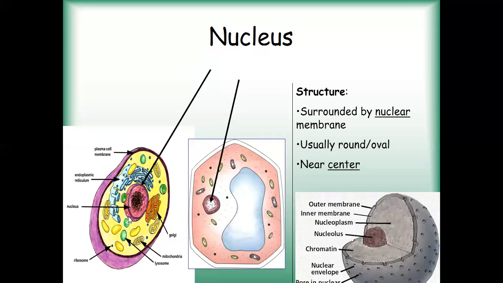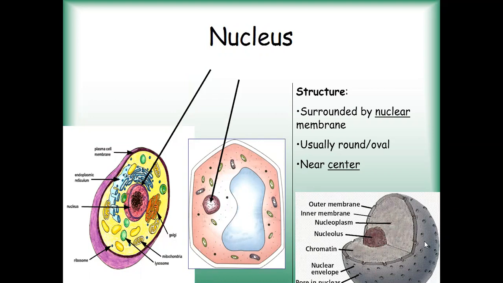It is always surrounded by the nuclear membrane, which surrounds the nucleus. The nucleus always lies in the center of the animal and plant cell. So the nucleus is always surrounded by the nuclear membrane, lies in the center of the cell, and is round or oval.